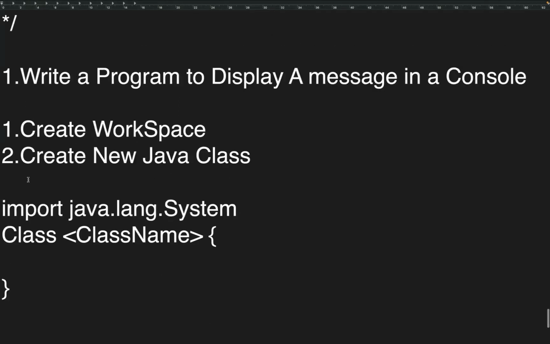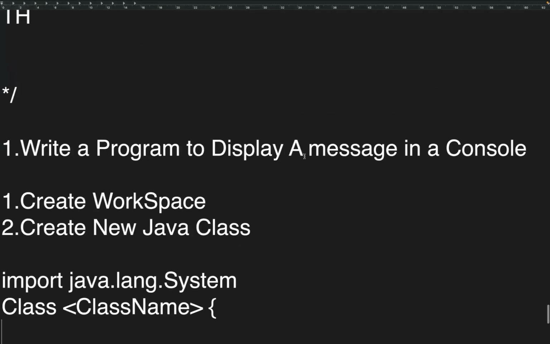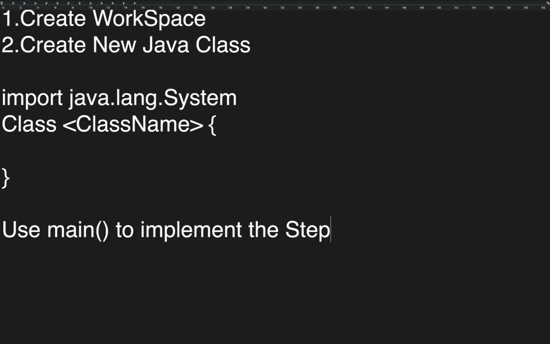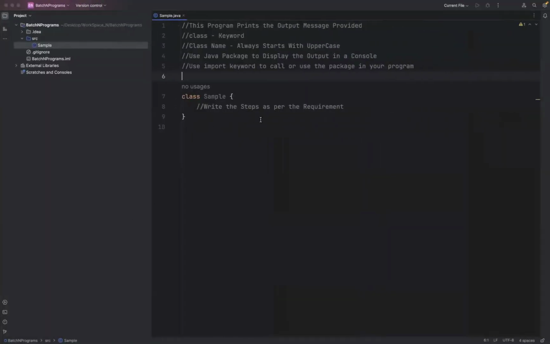So what is the next step we need to follow? Write a program to display a message in a console. Once this is done, we need to use the main method. The second step is to use the main method to implement the steps. What is the syntax of the main method?